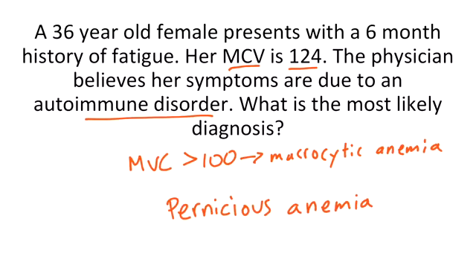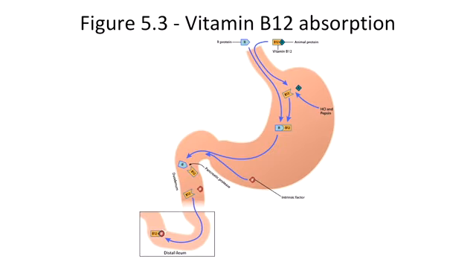When the parietal cells are damaged, they can no longer secrete intrinsic factor, which results in vitamin B12 deficiency. If B12 is deficient, then blood cells can't develop properly, resulting in a macrocytic anemia. From figure 5.3, we can see that damage to the parietal cells would result in loss of intrinsic factor, which would prevent the proper absorption of vitamin B12. Okay, let's do another question.